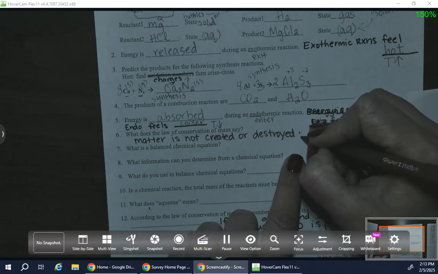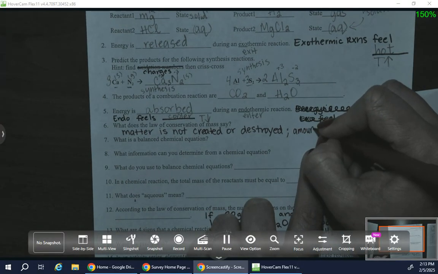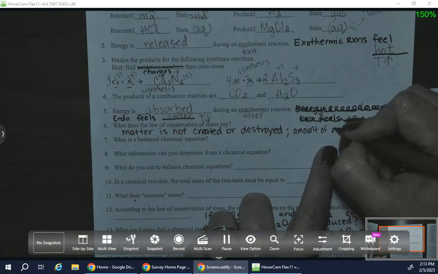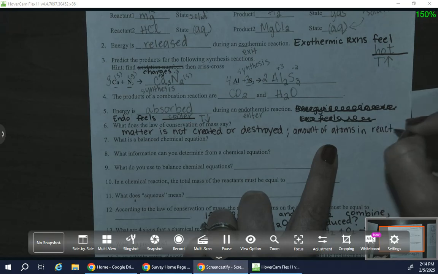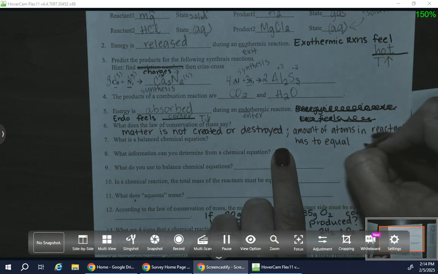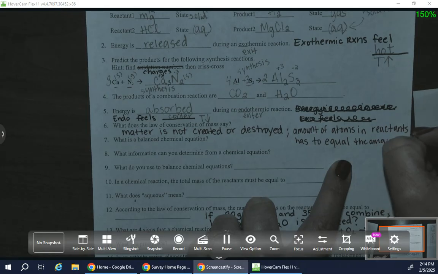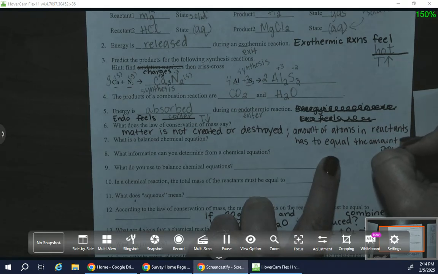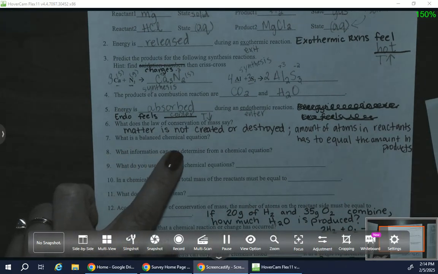So in other words, the amount of atoms in reactants has to equal the amount in products. Okay? All right. What is a balanced chemical equation?